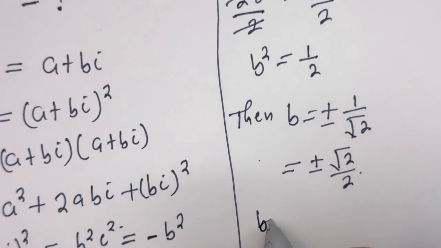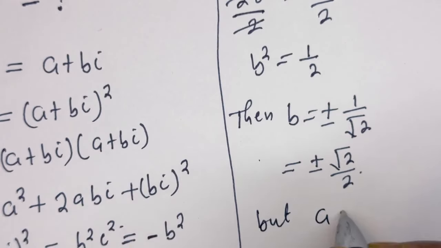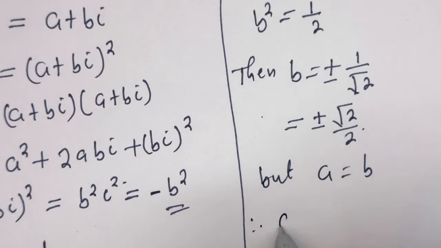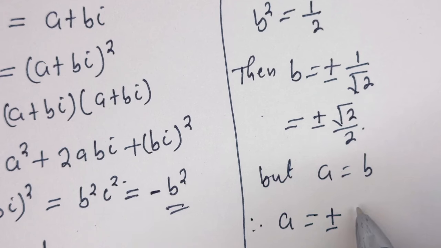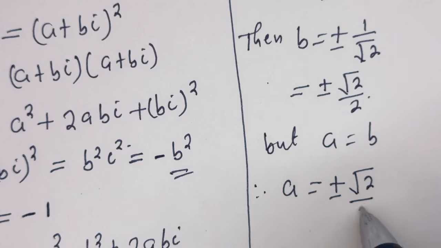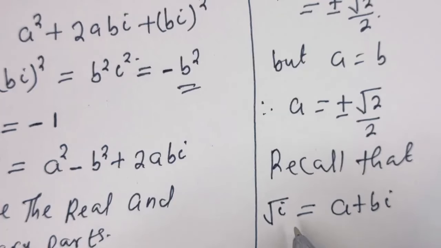But we know that a is equal to b, and since a is equal to b, therefore a is equal to plus or minus root 2 divided by 2.